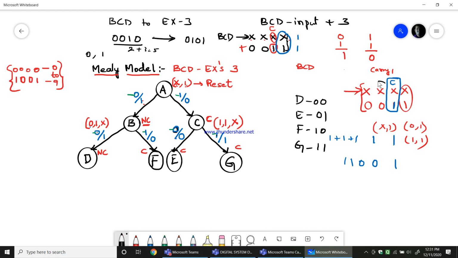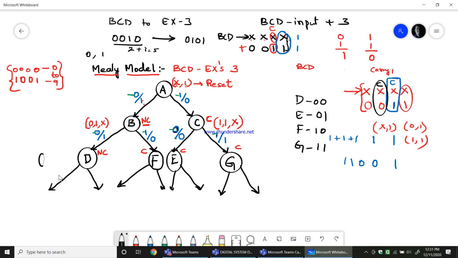So, now it is not yet finished. Next, we should go to the next state, which is 0x now, along with this carry. So, therefore, I will go to the next two states here. Now, here I will write the values.